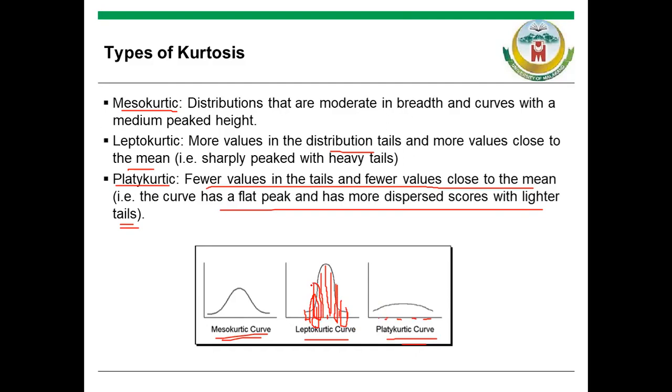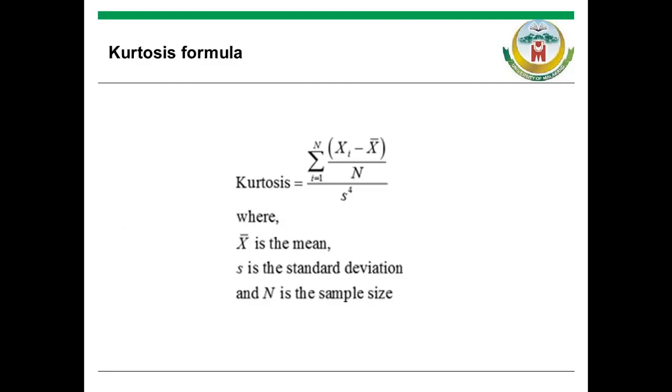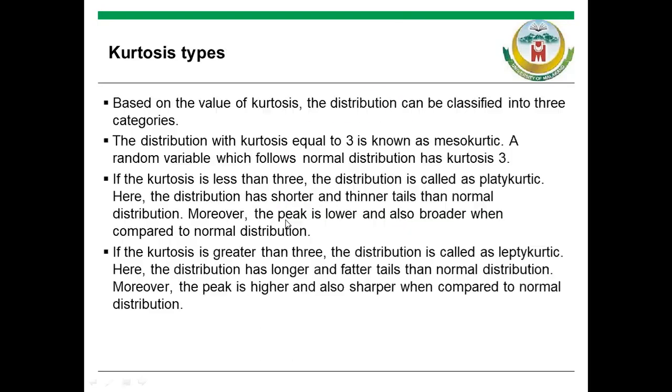Now this is the kurtosis formula: the sum of xi minus x bar, divided by n, for all values, divided by s raised to the power 4, where s is the standard deviation. So using this equation we can find the values for kurtosis.